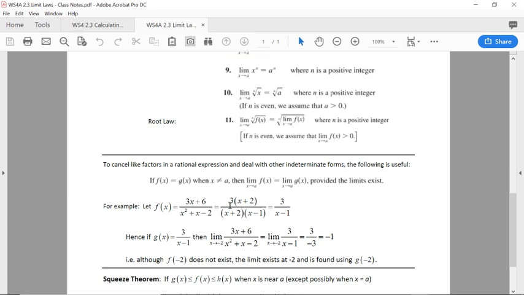Okay? So because we're choosing values that are not necessarily equal to negative 2, we can remove the discontinuity from here. Now we can examine another function, 3 over x minus 1, which is the same as 3x plus 6 over x squared plus x minus 2. It's the same as that function everywhere except where x is negative 2.